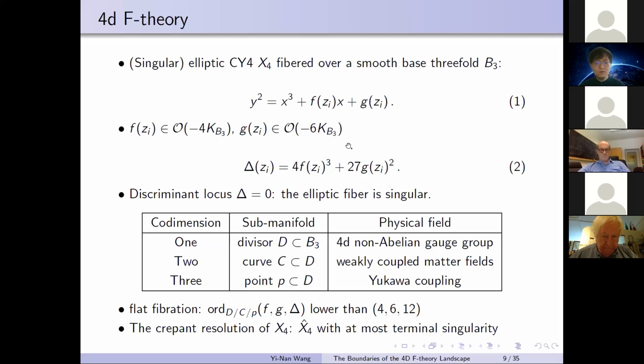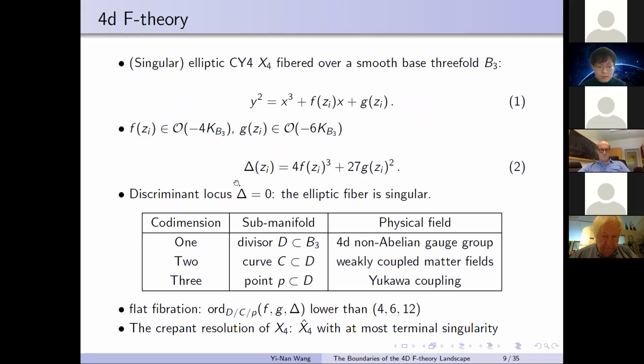The particular important quantity is a discriminant function delta. When this function vanishes, the elliptic fiber over the base locus is singular. There are multiple different types of this discriminant locus.